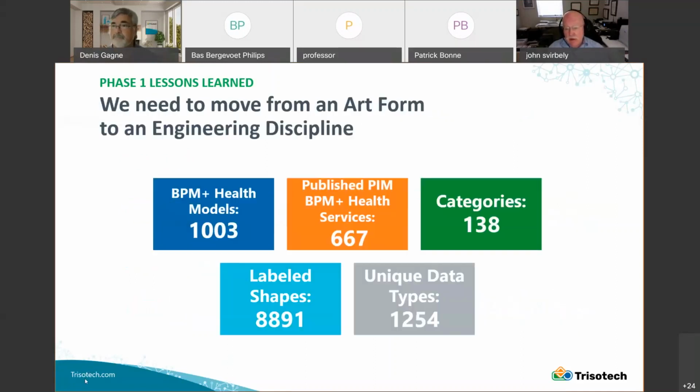And if you go to the next slide, Denny, we did a survey of 667 DMN models, and this gives you an idea of some of the numbers of things that are generated. If you take a large number of models, there is a much larger number of shapes, and then the various types of FHIR calls that you need to make also becomes large.